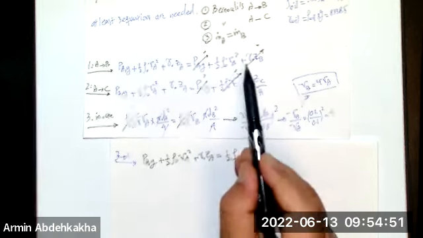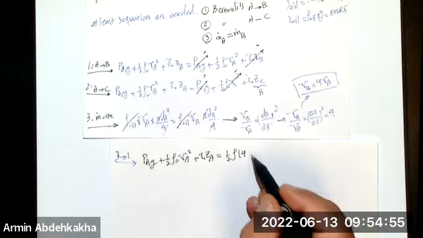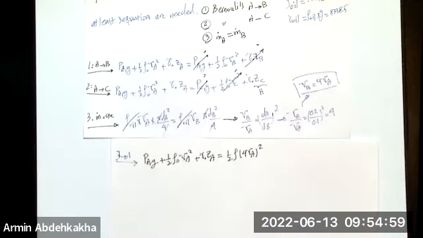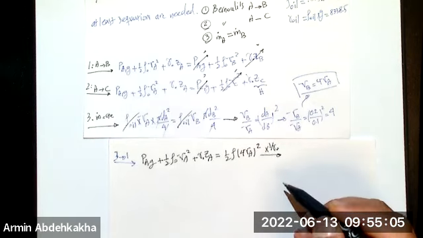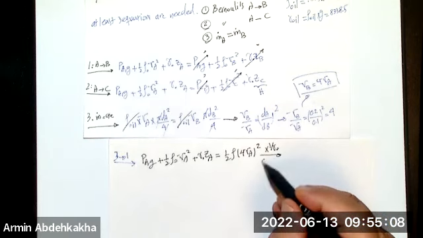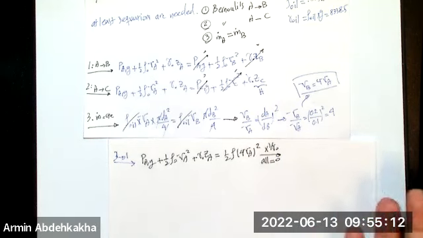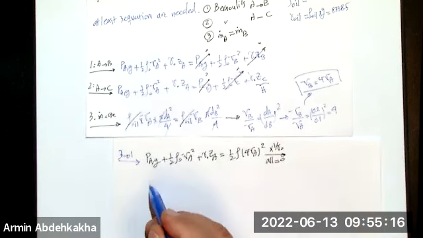So these two are 0. To make it easier, I will multiply each side by 1 over gamma oil, bring the right hand side to the left hand side, and make it equal to 0. Okay, so what would be the result?